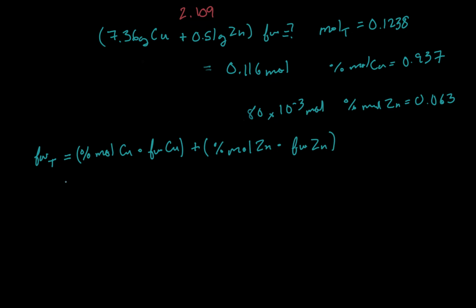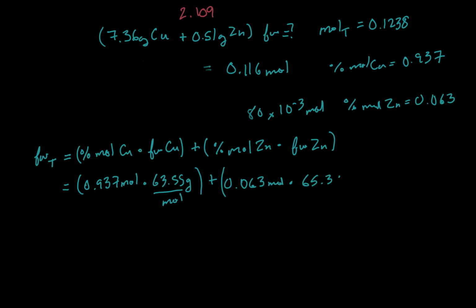Let's plug in numbers. Copper is 0.937 times 63.55 grams per mole, and same with zinc: 0.063 times 65.38 grams per mole.